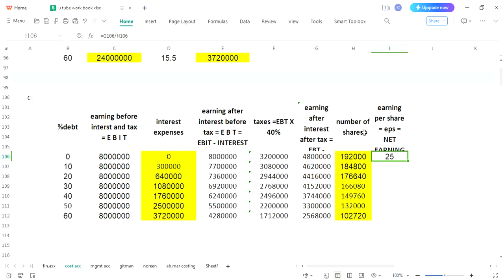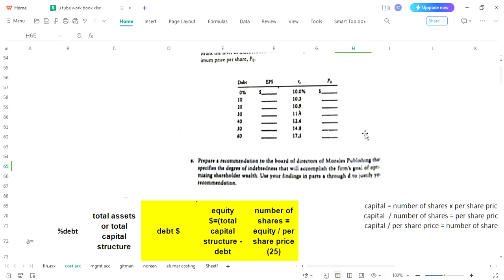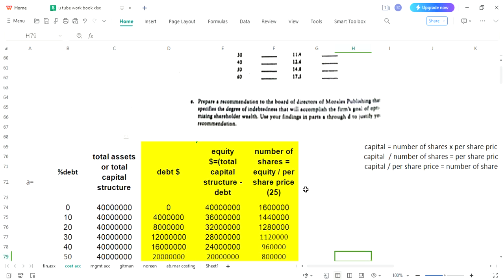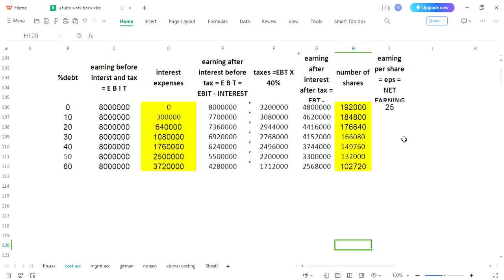Let me see what we have written. Earning per share, and simple is this, we need to divide by number of shares. No, it's not the same number of shares we have calculated over here. Look, here were 16 lakh and what was pasted is 1,92,000.